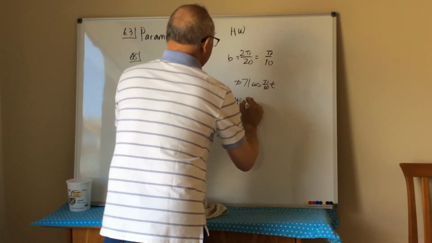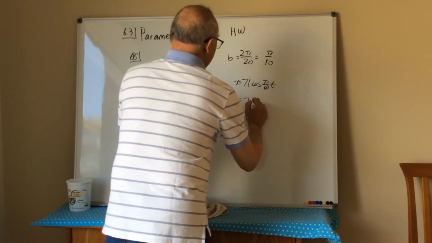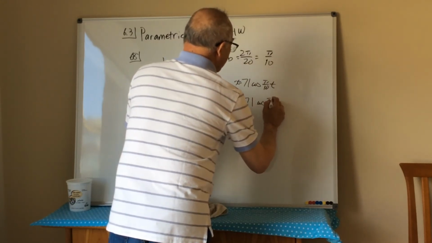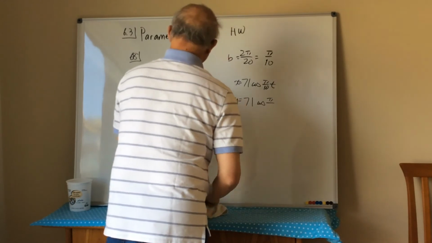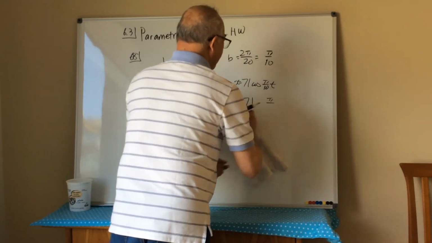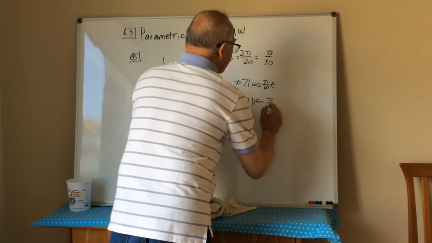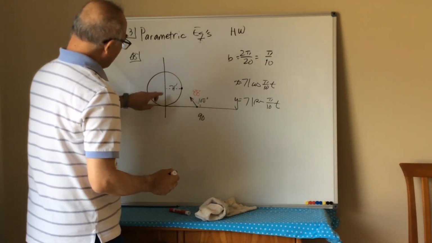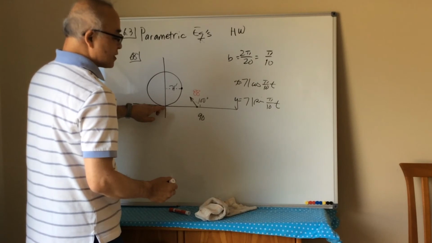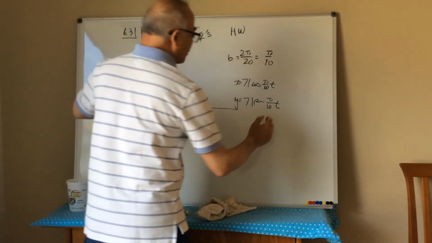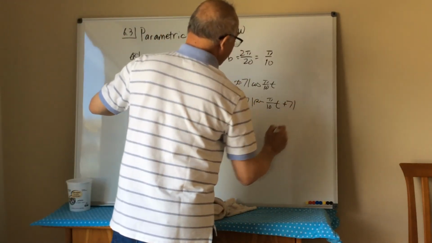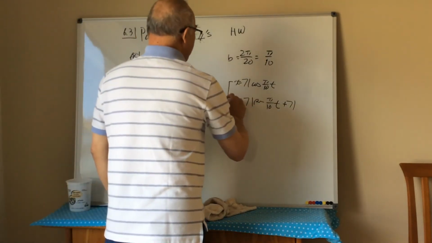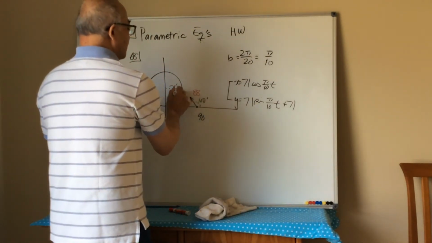Y is equal to 71 sine pi over 10t, and that would be if the origin was the center, but the center is not the origin. You have to add the 71, to bring it back up. So this is the parametric for the guy right here.